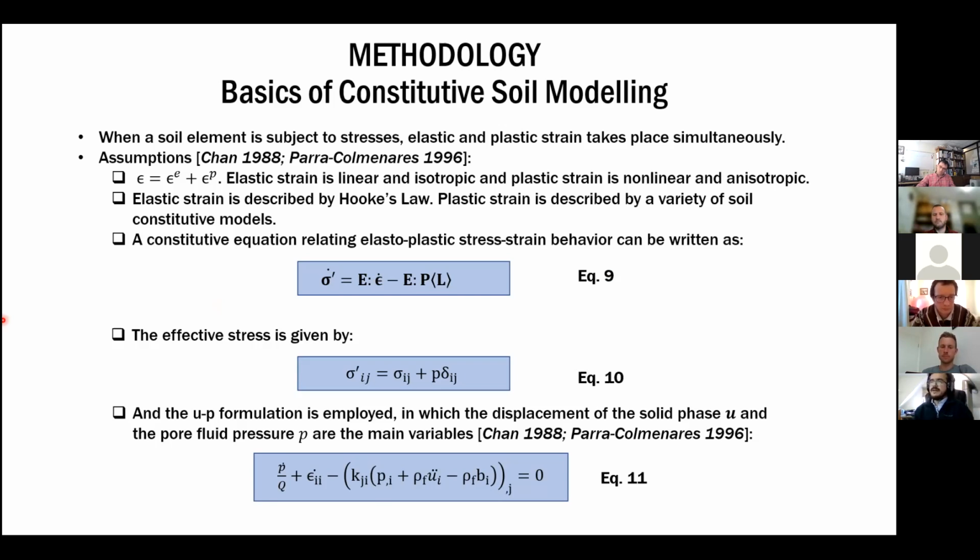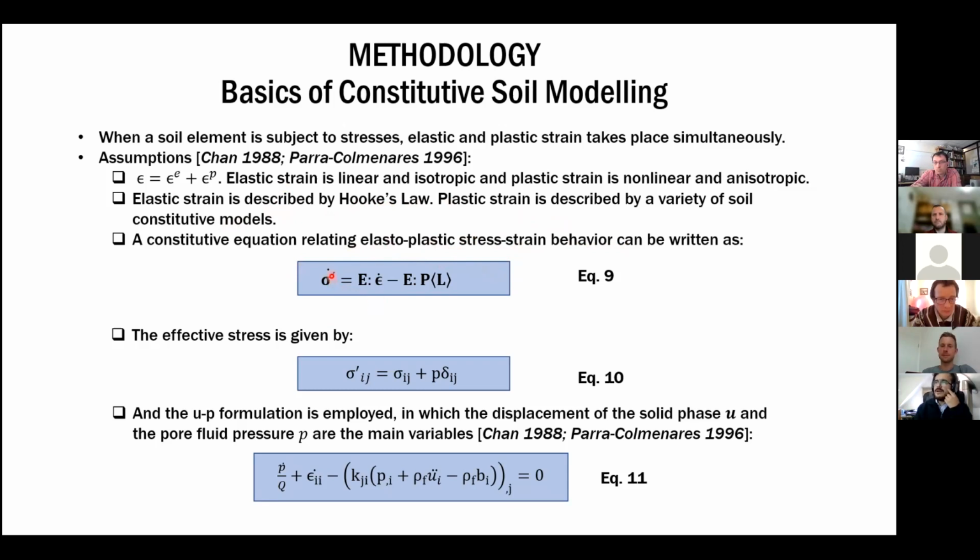The first assumption is that strain can be decomposed into an elastic and a plastic part. We also assume the elastic strain is linear and isotropic, and the plastic strain is non-linear and anisotropic. The elastic strain is described by Hooke's law, and the plastic strain will be described by different soil constitutive models, and a constitutive equation relating elastoplastic stress-strain behavior can be written as this.